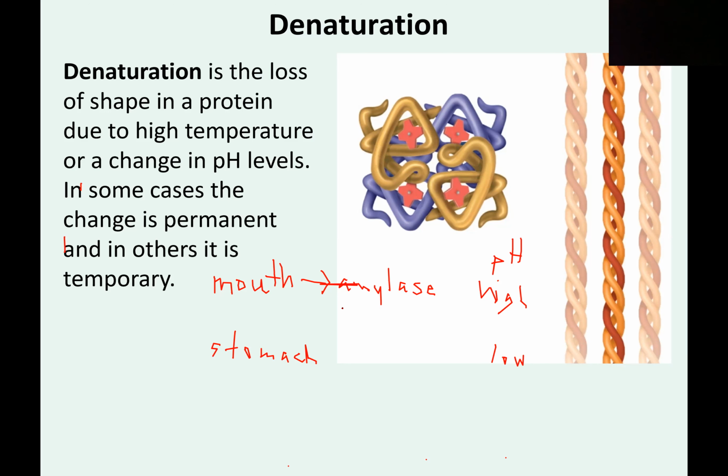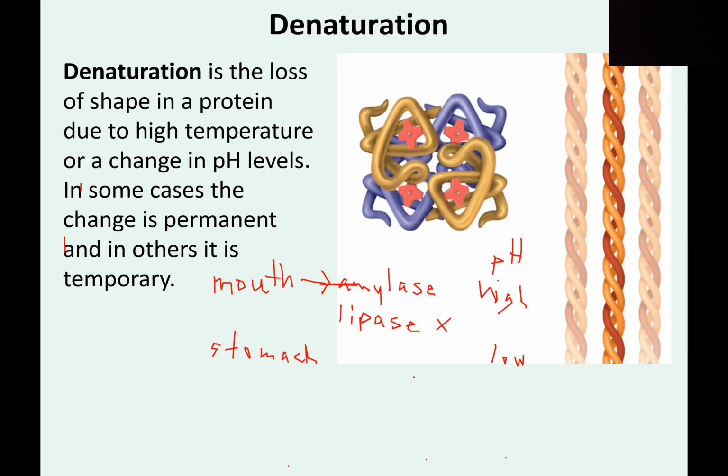There's another enzyme secreted in the saliva that's called lingual lipase. It doesn't work in the high pH of the mouth. When it reaches the stomach, however, in the low pH, it does work.